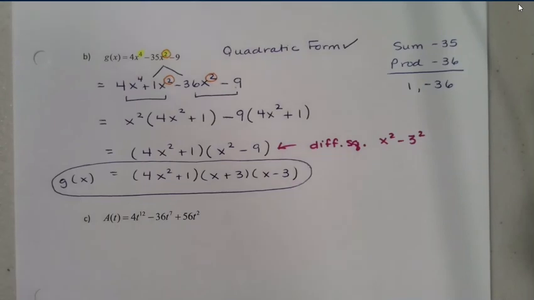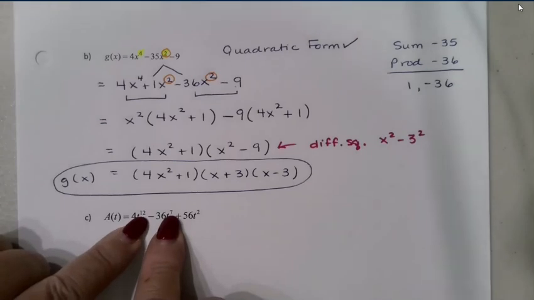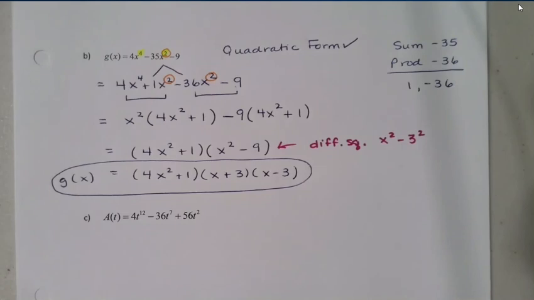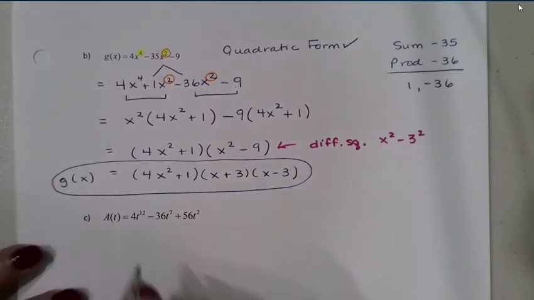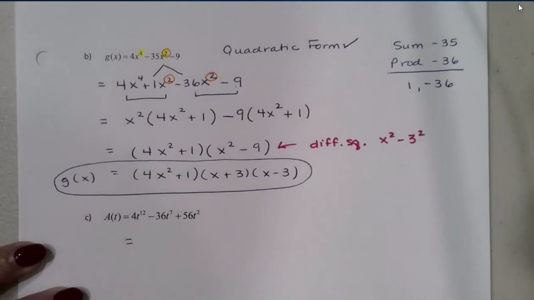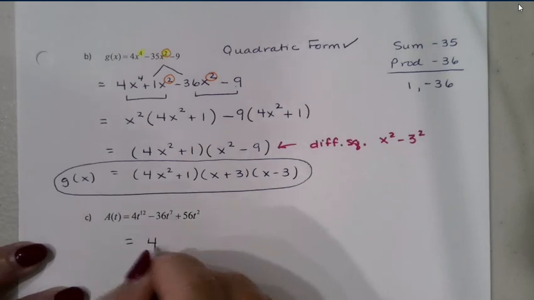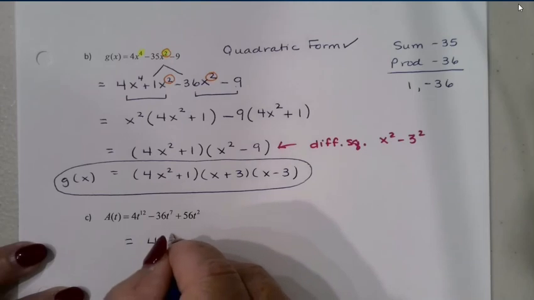And this time, first of all, if I even just quickly at a glance thought about quadratic form, I'd notice right away it doesn't work, right? 7 doubled is not 12. But as I take a little bit longer glance at this, I think I probably need to be factoring out a GCF before I even think about anything else. So let's do that. 4 goes into all of the coefficients, and I could factor out the t squared.